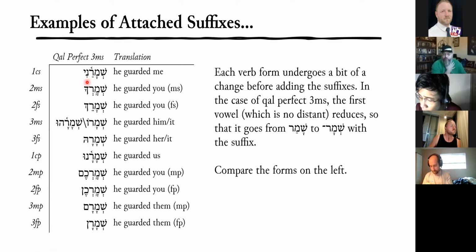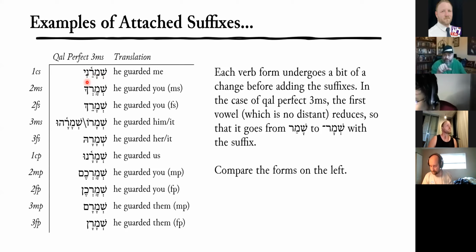Right. Well, we had shamar, which would be "he guarded," and we added the ani onto the end, which is the object as a suffix, and so you had to have some shifting in the vowels because of that.